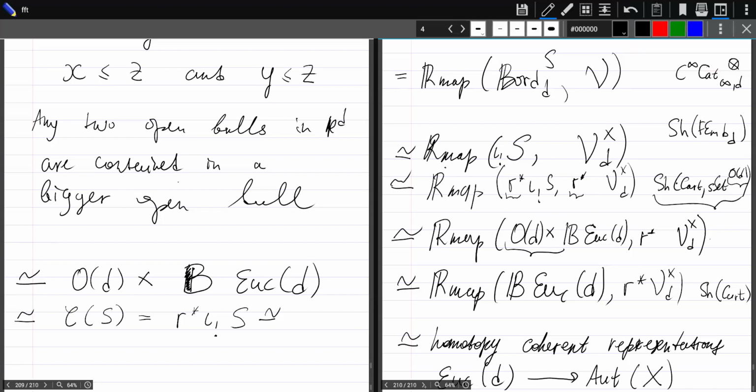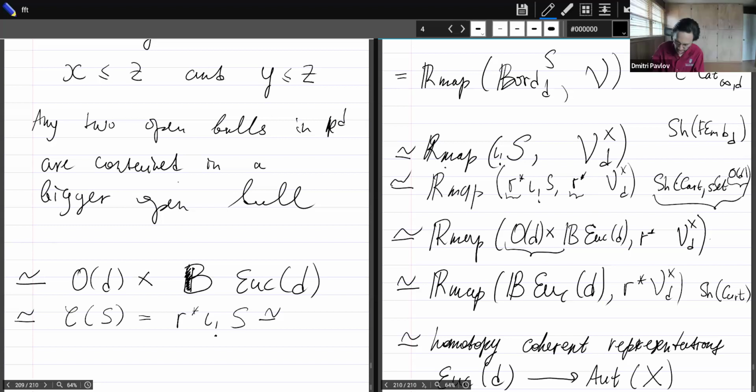And the way iota shriek got in front of this is just maybe a tautology, but as maybe another step, you can pick either formulation as your favorite.